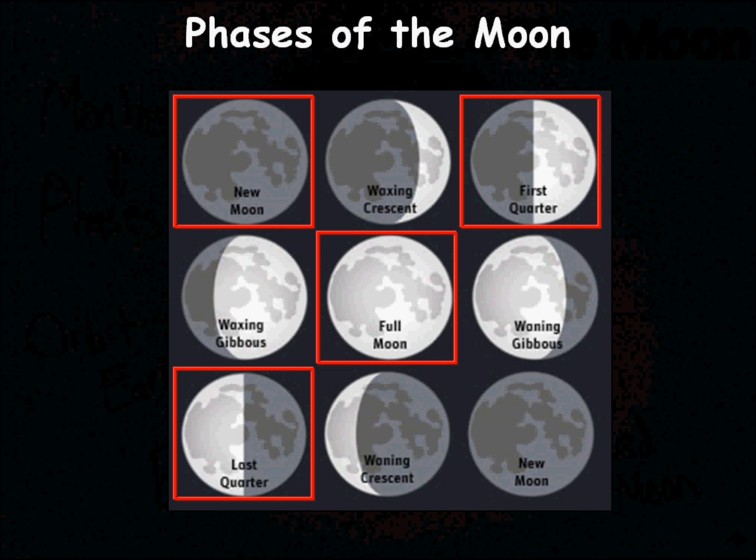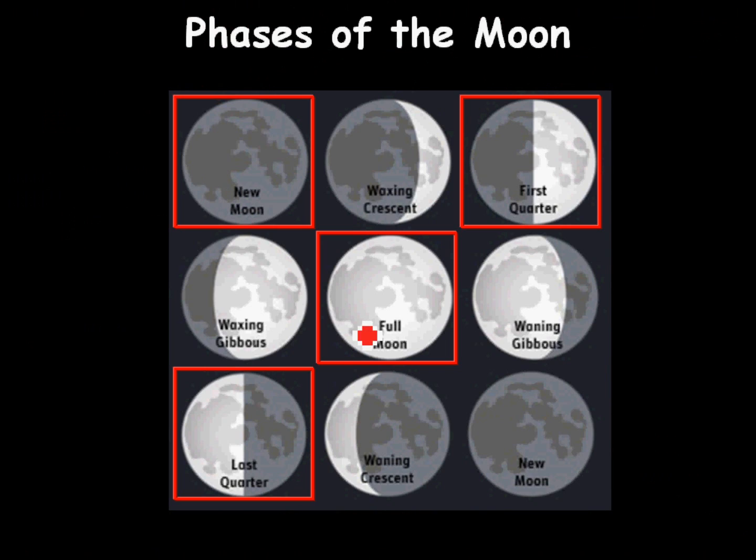Sometimes we see our moon differently. Occasionally we'll see this full moon, we see the whole thing, and you see a big bright moon in the sky. Sometimes you won't see a moon at all, which is quite sad.